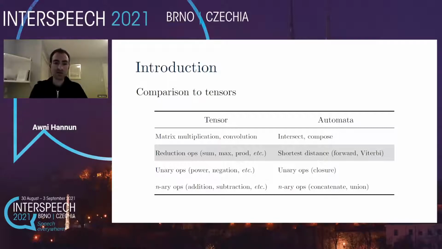As an example, intersect and compose for automata is similar to matrix multiplication and convolution for tensors. The shortest distance operations, the forward and Viterbi scores, are similar to reduction operations on tensors. And you see there's a couple others on this slide. So perhaps these analogies aren't as clear now, but as we go through the operations and you come back, you'll see that they are similar, and then it helps you keep track of what these different operations are doing, what they're intended for.